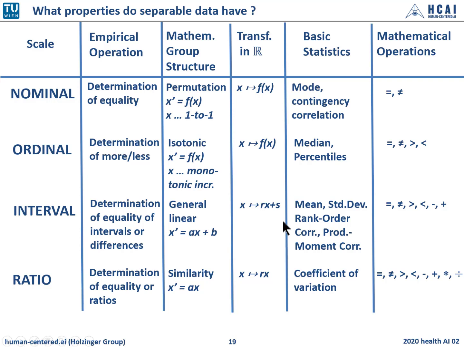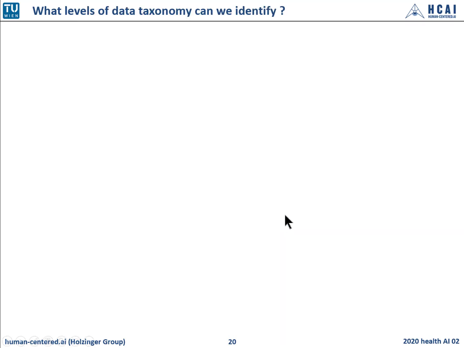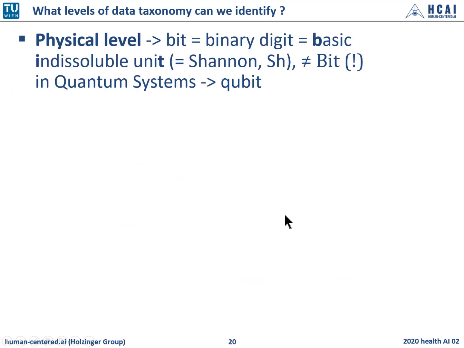And now go back to the more physical nature of data. So what levels of data taxonomy can we identify? So of course, most of our computers are von Neumann machines, digital computers, and consequently at the lowest physical layer the data is represented as patterns of electrical on-off states, 1, 0, high, low. We speak of a bit, and bit actually is binary digit or Shannon-coded basic indissoluble unit.